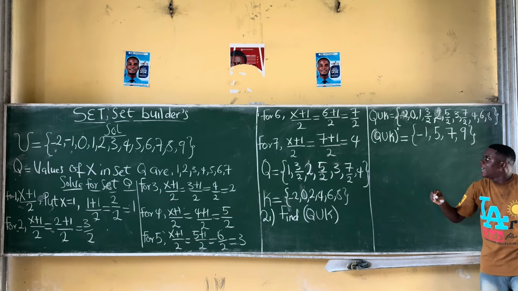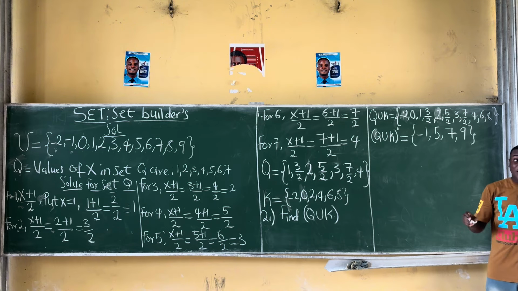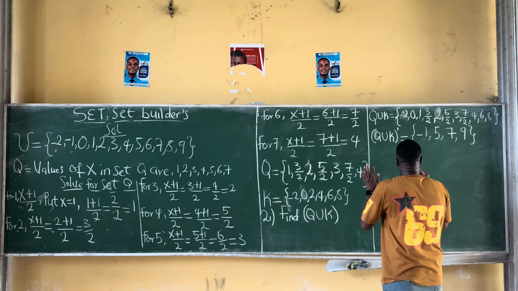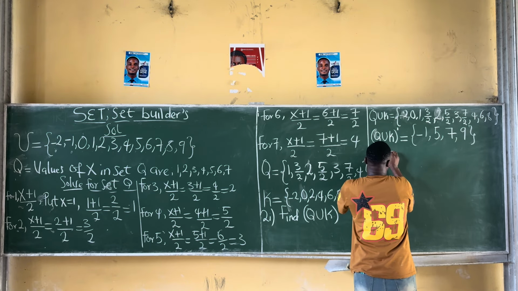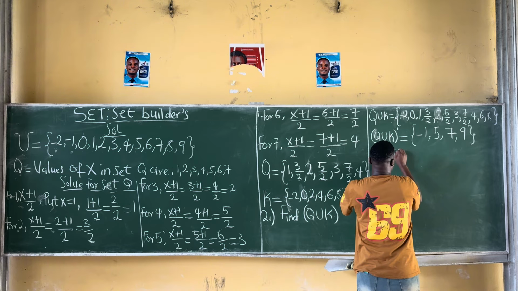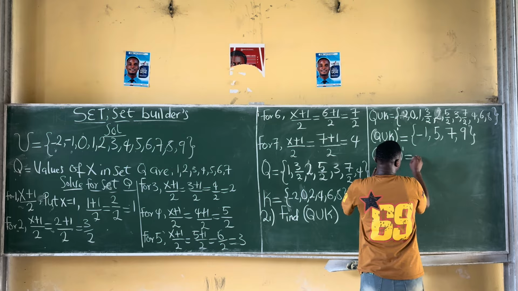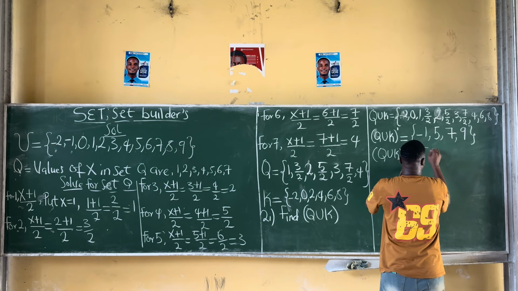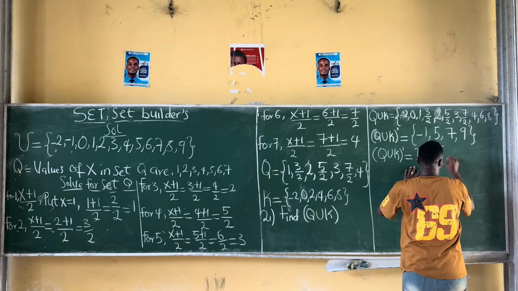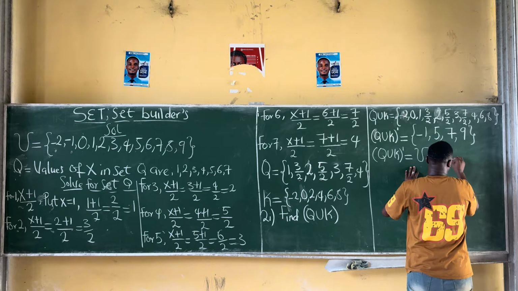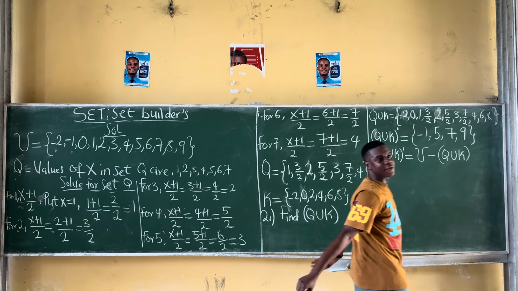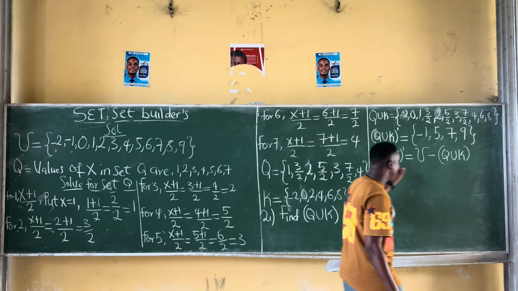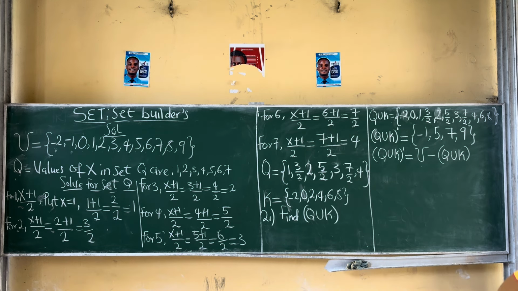Yes. Now, let me just give you a simple formula. Although this is Q union K prime, it is equal to U minus Q union K. Let's take it as a formula. U minus Q union K equals Q union K prime.